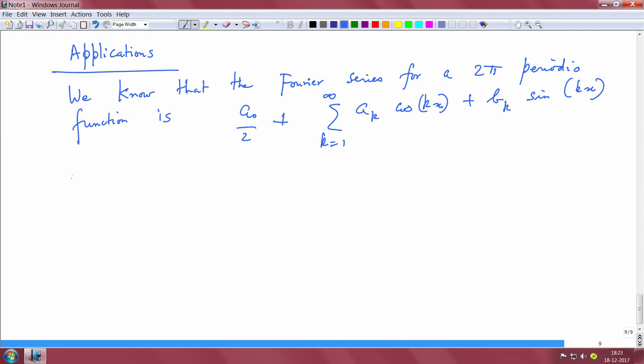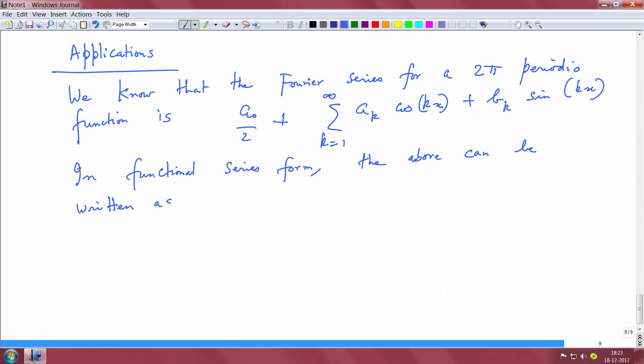Now, in functional series form, the above can be written as summation k equals 0 to infinity of some sk(x).